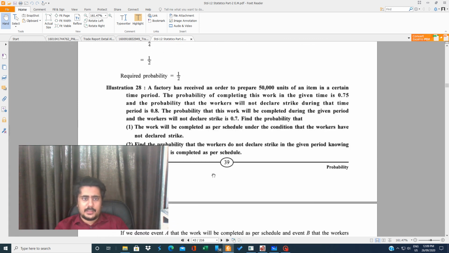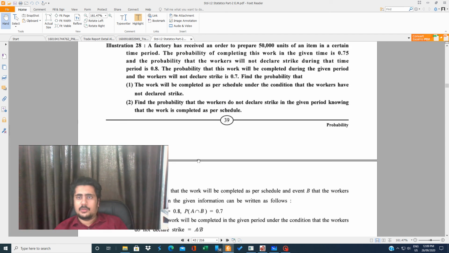Illustration 28. A factory has received an order to prepare 50,000 units of an item in a certain time period. The probability of completing the work in a given time is 0.75. The probability that worker will not declare the strike during that time period is 0.8 and probability that this work will be completed during the given period and the worker will not declare the strike is 0.7.